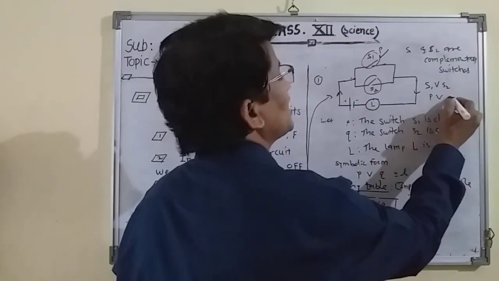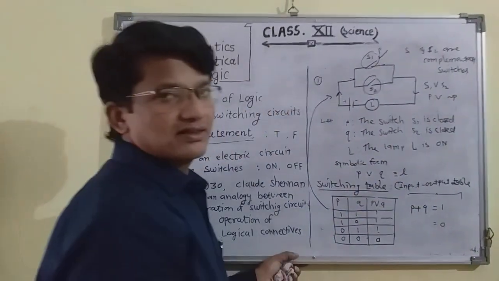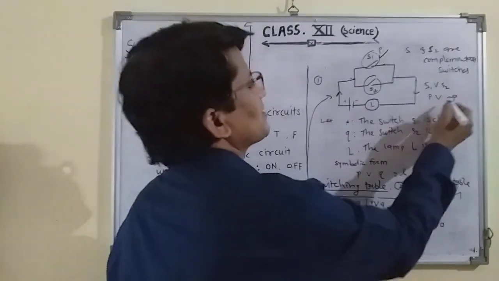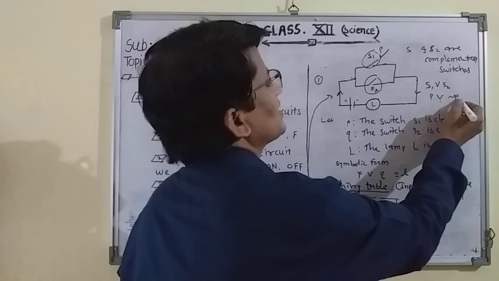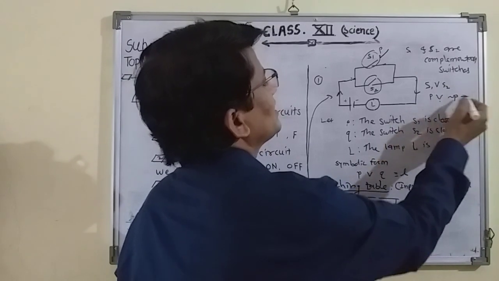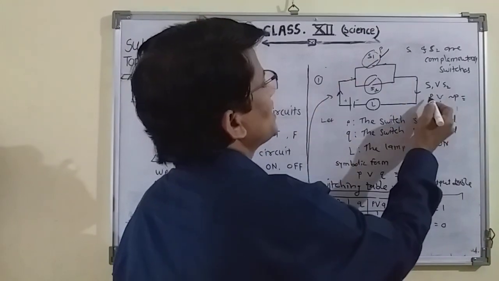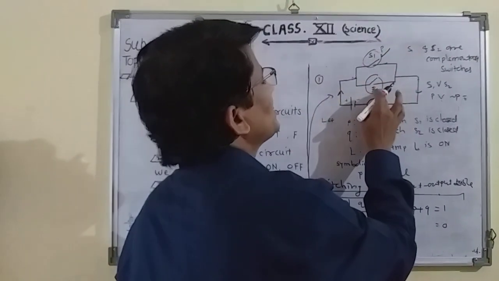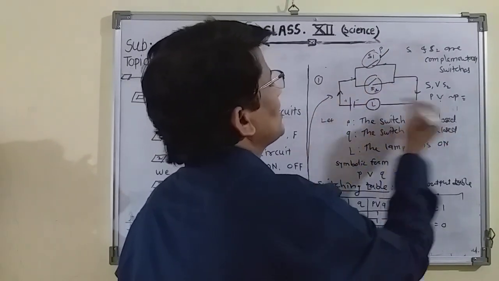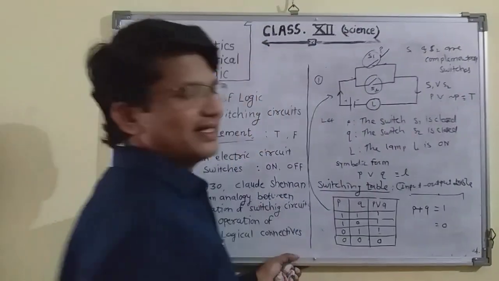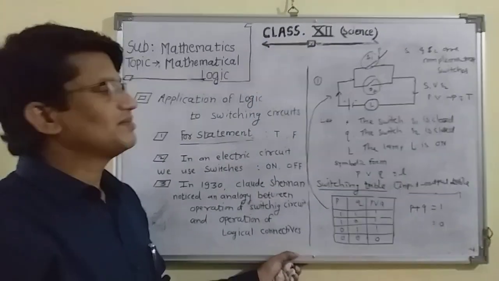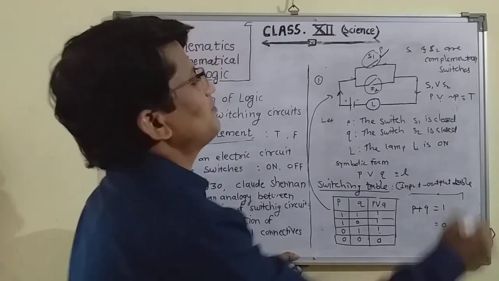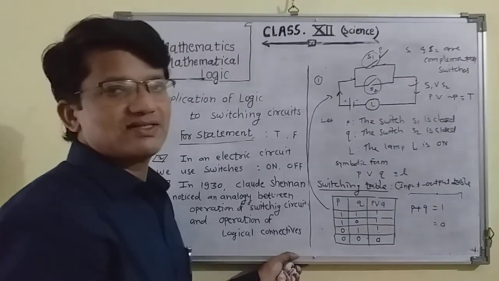I am using negation of this. Just remember, I am not using Q now, I am using negation P. P or negation P. Result is what? This is P, current passes through this, closed, but this is open, no question. Lamp will on. Result is T. T means output is true, means lamp will on. This type of situation is called complementary switches.